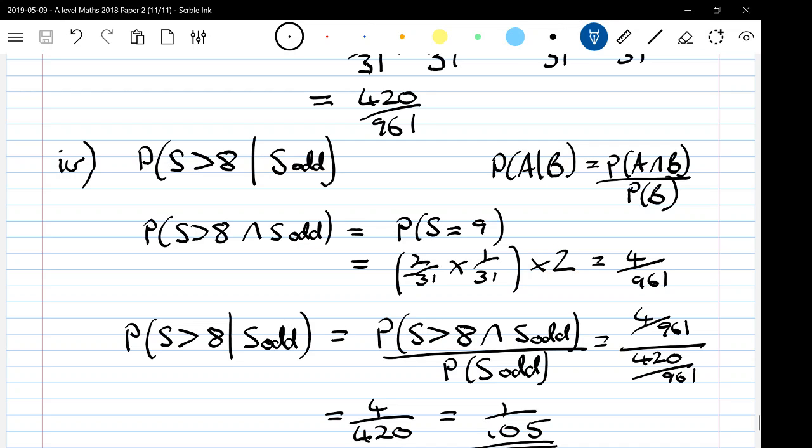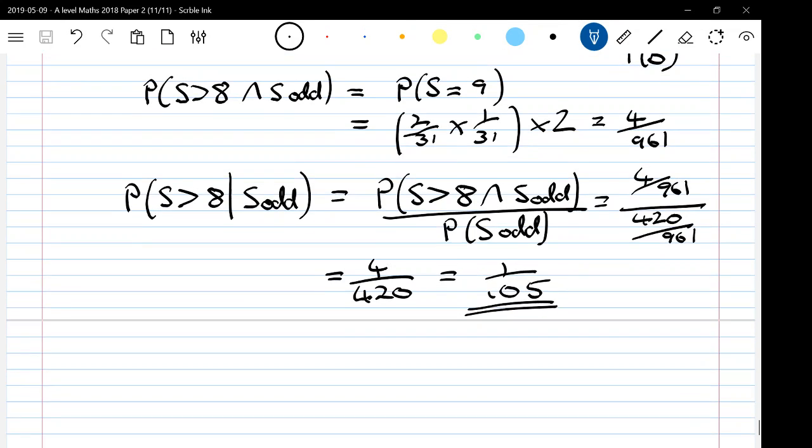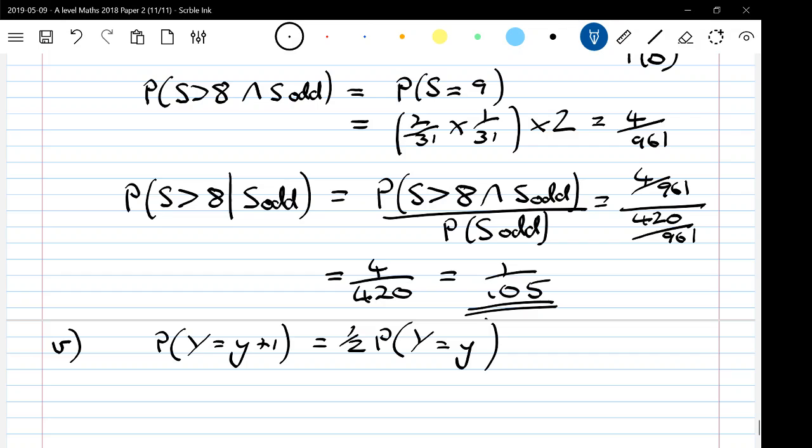The probability that Y equals y plus 1 is a half the probability that Y equals y, for all positive integers y. Find the probability that Y is equal to 1.